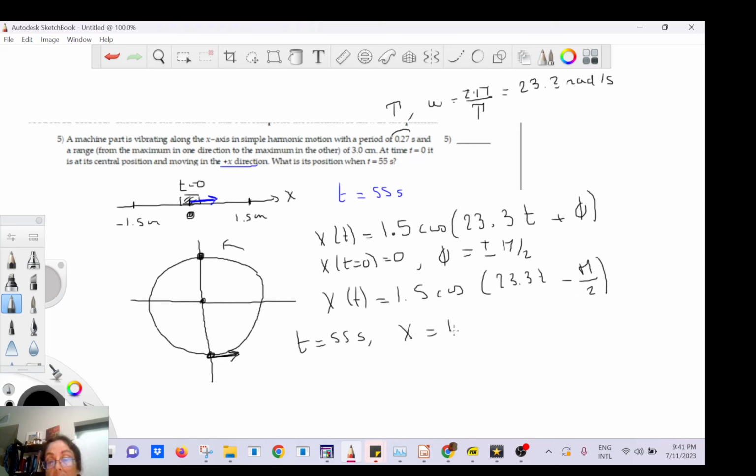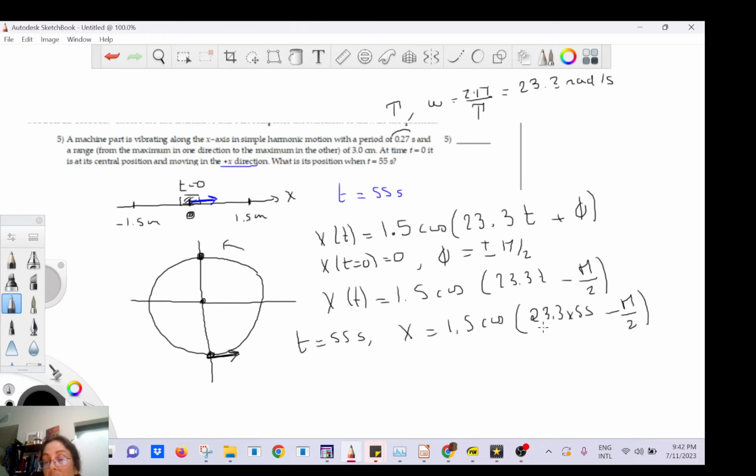So what's going to happen at t equals 55 seconds? You have to plug it in. You have to be very careful to put everything in radians. So 23.3 times 55, and inside you have to put minus pi over 2.